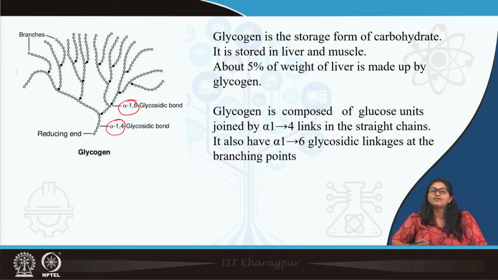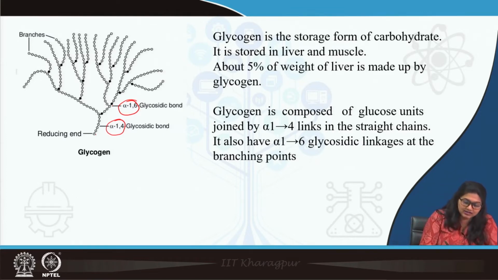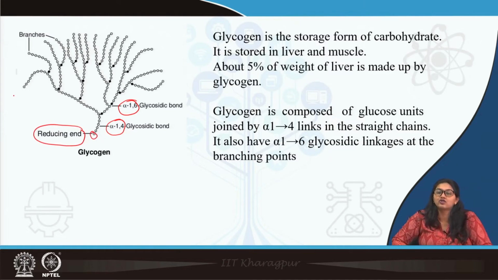So, there are two types of glycosidic bond present in the glycogen molecule. Now, one interesting thing is that the glycogen molecule has one single reducing end. This is that one single reducing end. All these other ends, the ends of branches, are non-reducing ends.